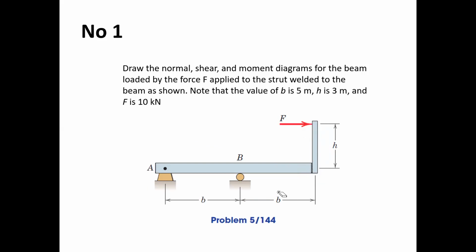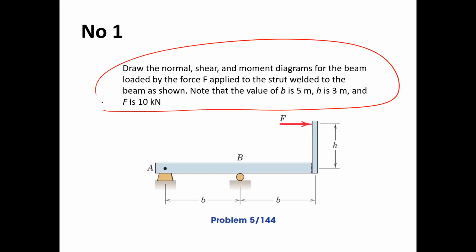Okay, I want to ask the others, besides Victoria. If the question for homework number 1 is to find out the normal, shear, and moment diagrams for all of the parts here, including the strut, does anyone here have a problem with that? In this case, we have to have 3 cuts.